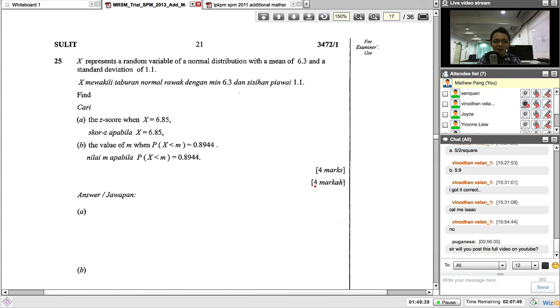All right, let me finish this one faster. This is a probability distribution because I see the normal distribution here, and it tells you the mean is 6.3 and the standard deviation is 1.1. This is just their symbol, nothing very special. All right, Z score. We know Z equals X minus mean over standard deviation. This is the formula. So it asks you to find the Z score.